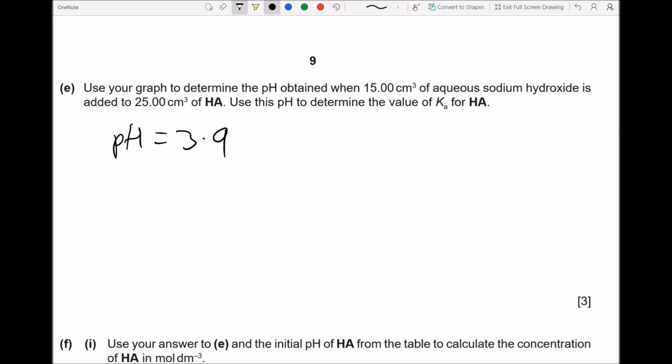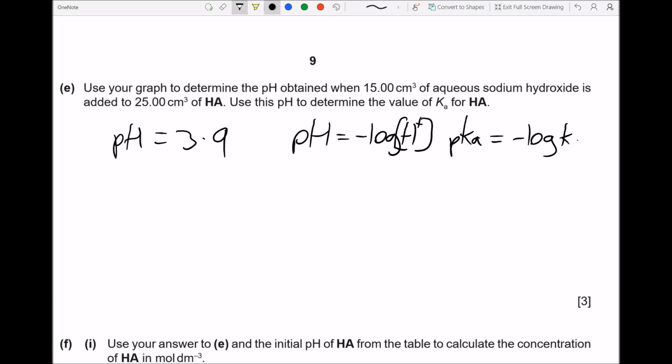Now this is the half neutralization point, and at the half neutralization point, we make an assumption that the pH equals pKa. Remember pH is just the minus log of the concentration of H plus, and pKa is exactly the same, except it's the minus log of Ka.